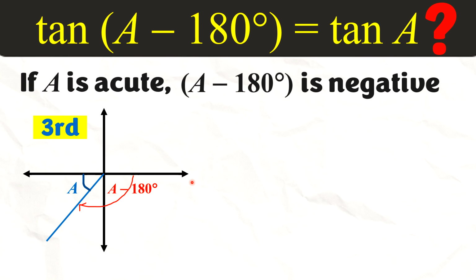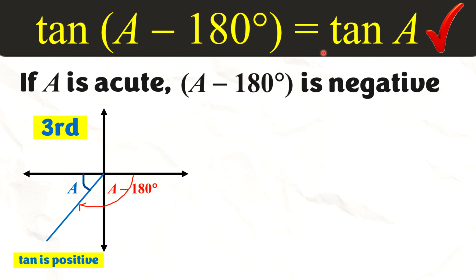With the ASTC rule, we know that since the angle lies in the third quadrant, tangent is positive in this quadrant. So we are able to express the tangent of this obtuse angle and rewrite it into tangent of a basic angle, and therefore we will have this relationship. So we know that this is true, because tangent is positive.